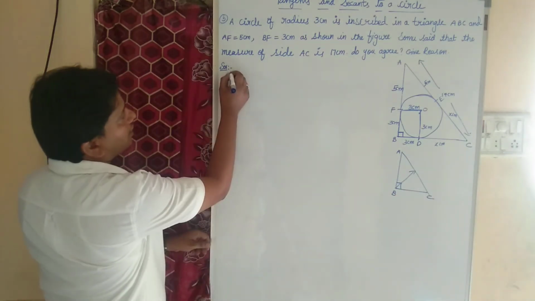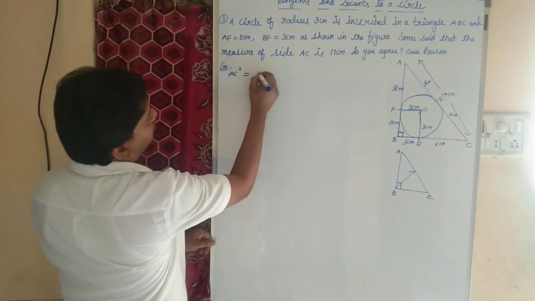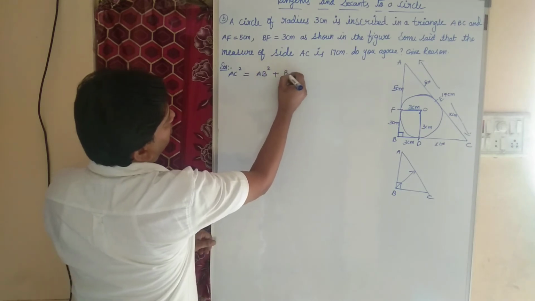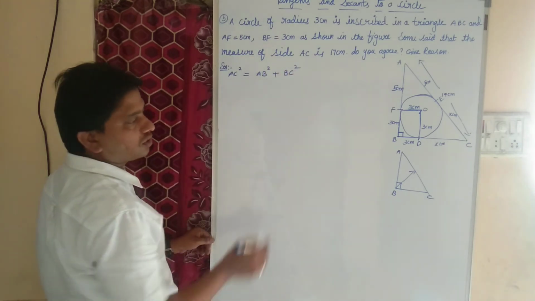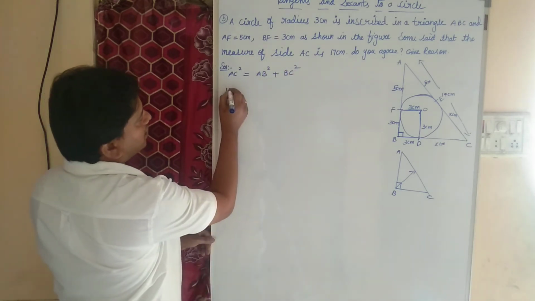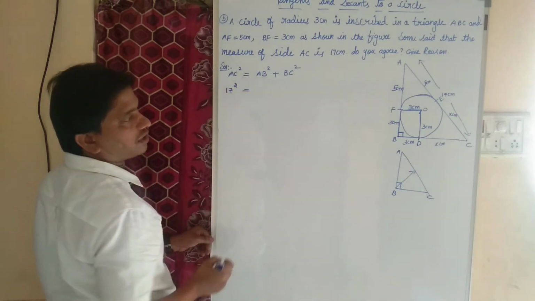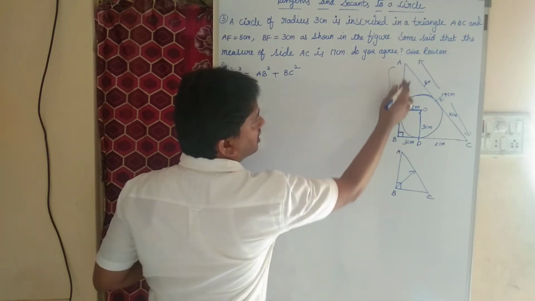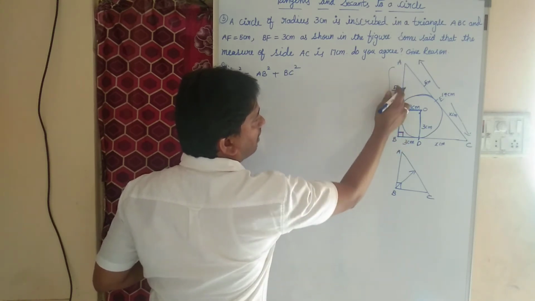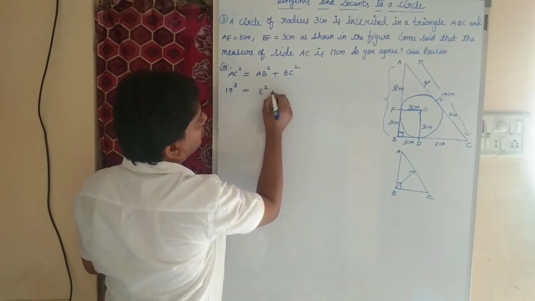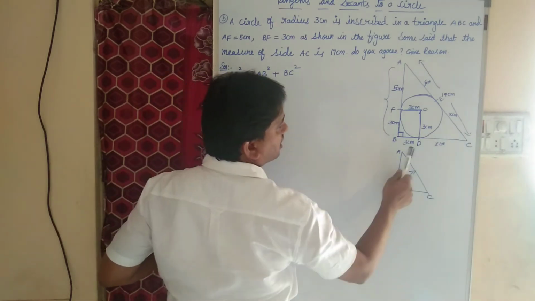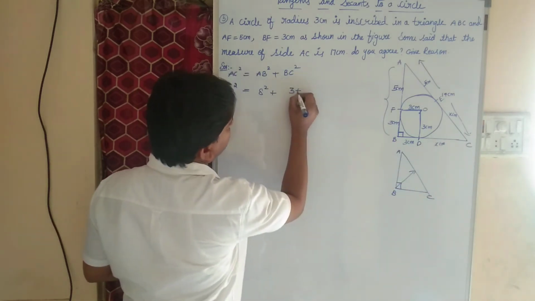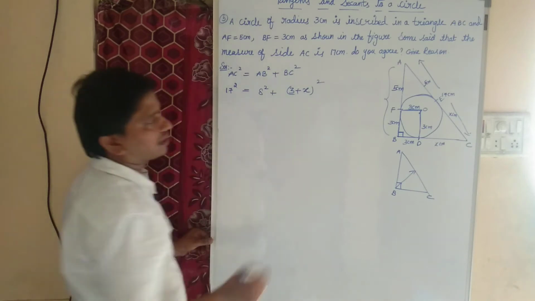So I say that AC square equal to AB square plus BC square. So AC equal to how many centimeter? AC equal to 17. 17 square equal to AB how much? AB is AF plus BF, I mean 5 plus 3, 8. And what is BC? BC is 3 plus x, whole square.